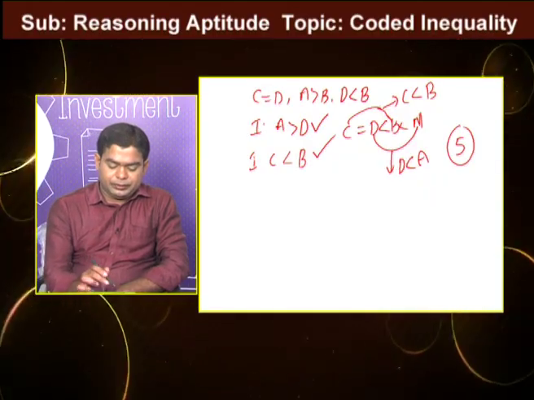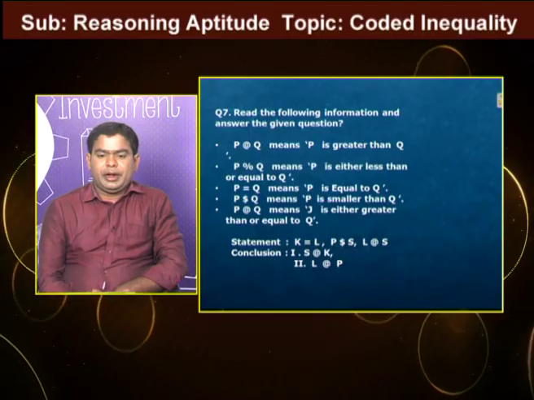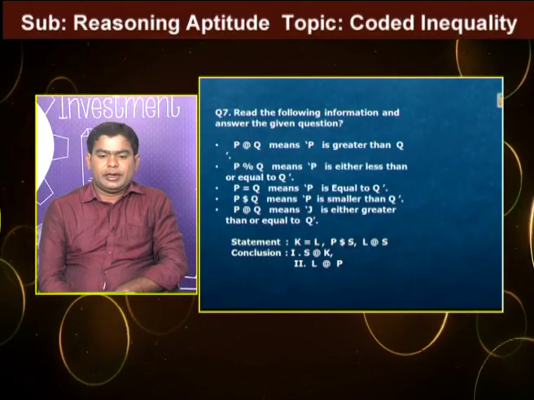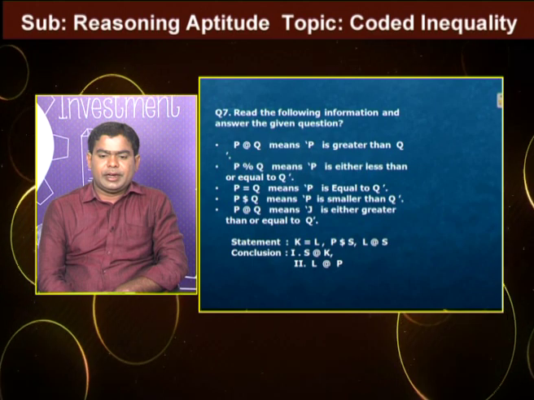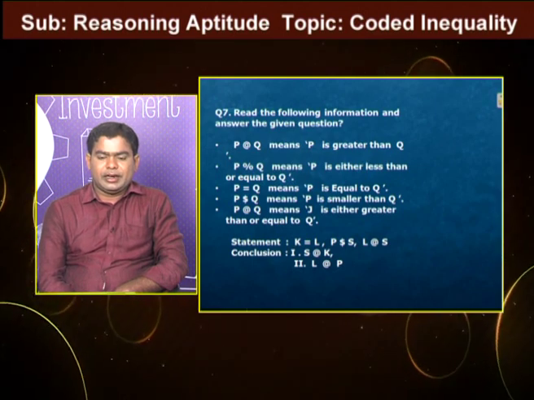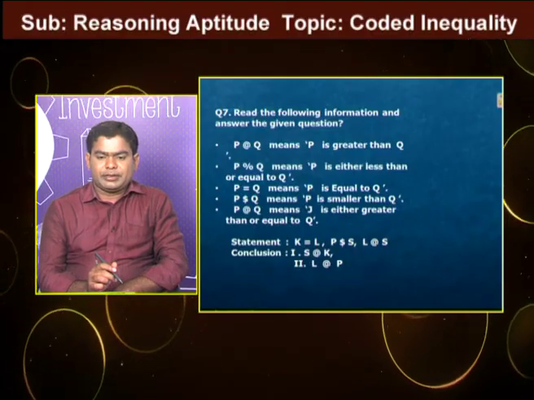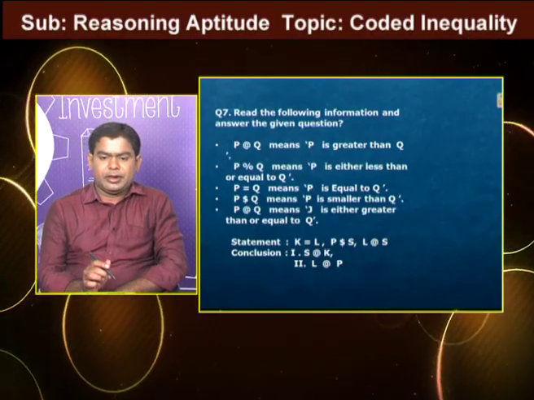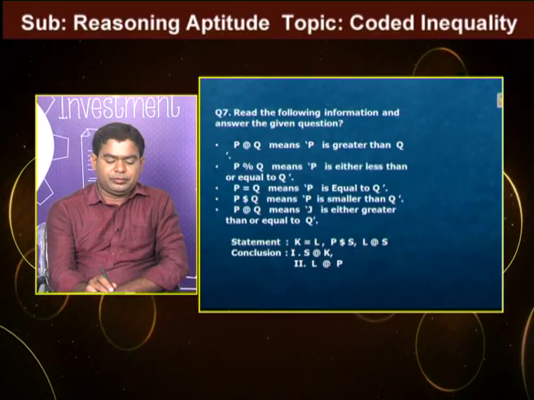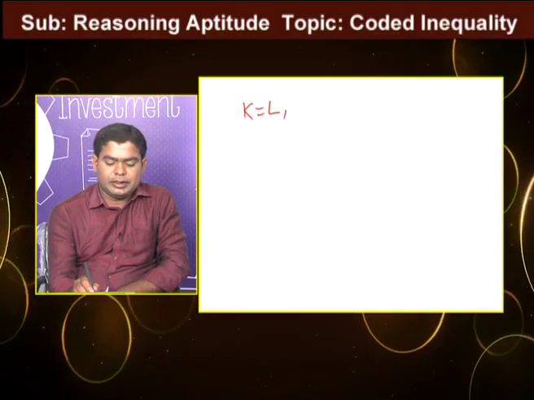That one is K = L, P $ S, L @ S. Conclusion 1: S @ K. Conclusion 2: L @ P. We apply the given inequalities to the given statement and conclusions. K equal to L, equal means equal.